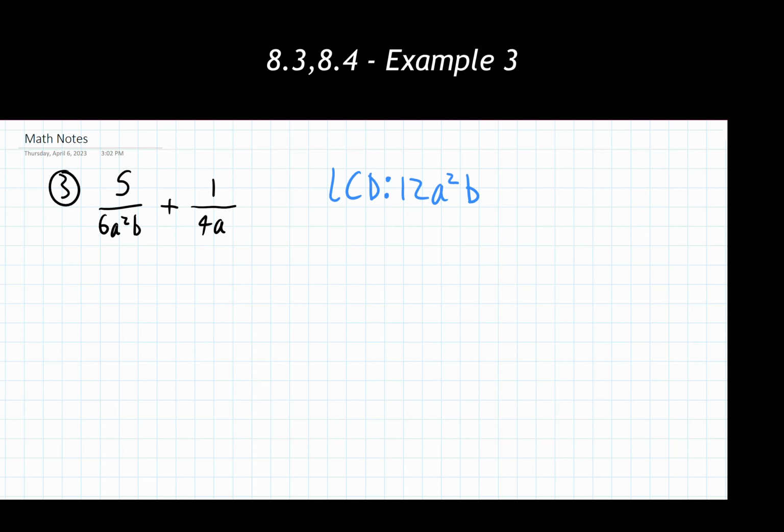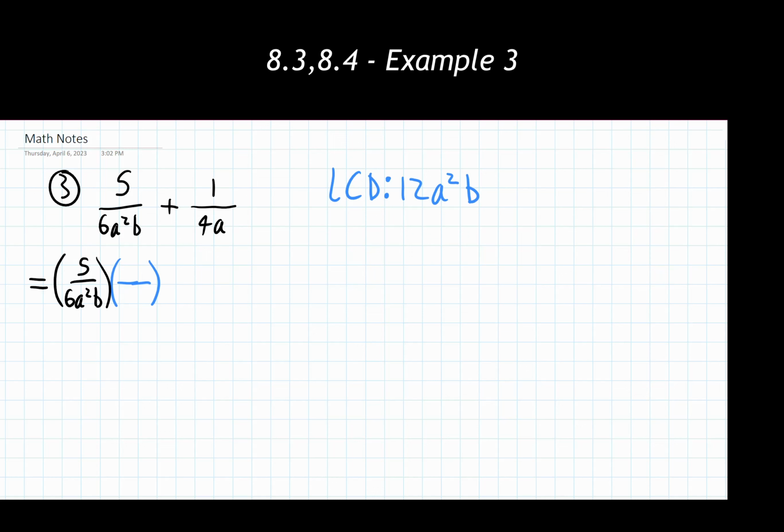Step 2 is done. Moving on to step 3, we're going to rewrite each rational expression to have the lowest common denominator. So this means we're going to need to multiply the numerator and the denominator of each original fraction by something to create that lowest common denominator. So I find it helpful to write it out with some parentheses here.